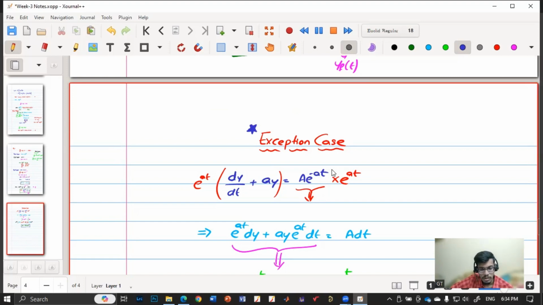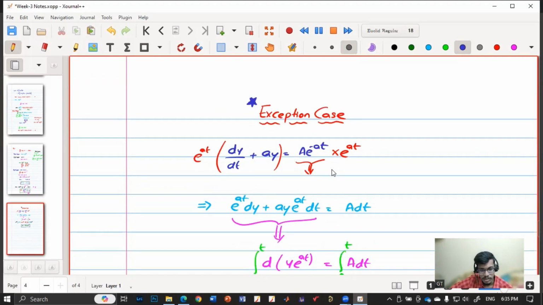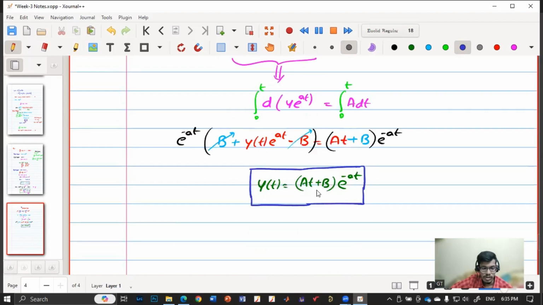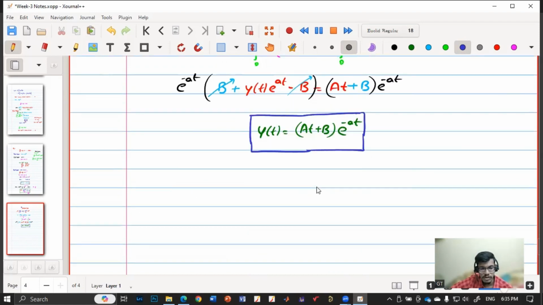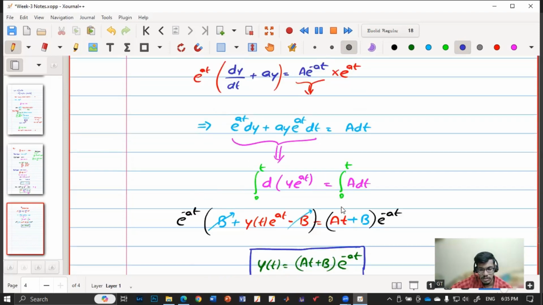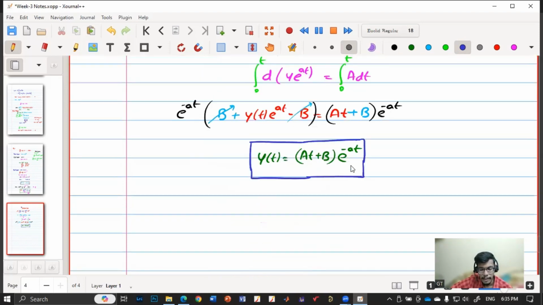So we have gone with our classical approach, where we multiply by e to the power at on both sides, apply integration and then simplify it. In that simplification process, we got y of t is equal to at plus b into e to the power minus at. Now again we'll substitute this back here. If such a question exists, we'll substitute this back here, or we'll get the b value.